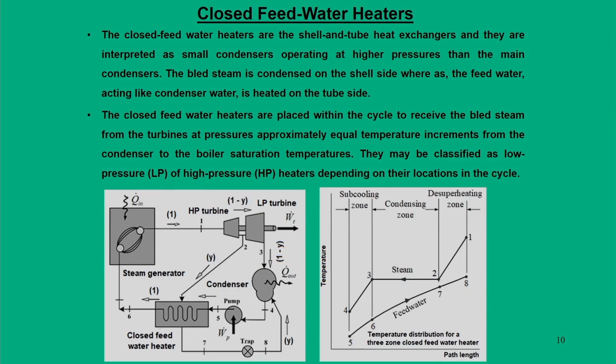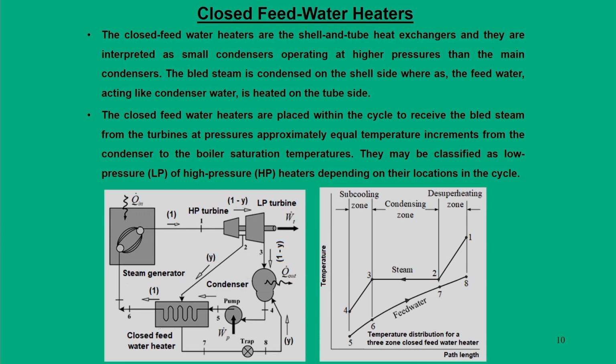So, this is all about the thermodynamic aspects. Now, let us go still further, to what essentially we need to know for closed and open feed waters, in terms of what are the typical arrangements we normally use.